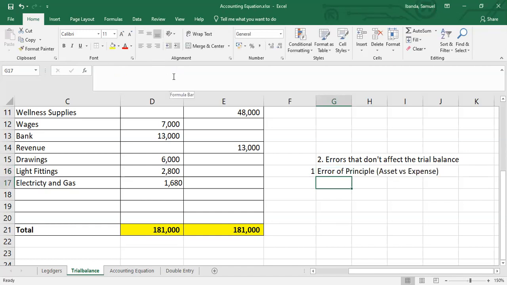You get it? So we are going to see how that plays. I have some explanation here. I'll just demonstrate slowly.